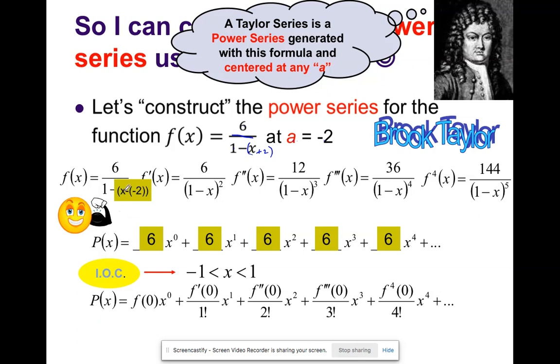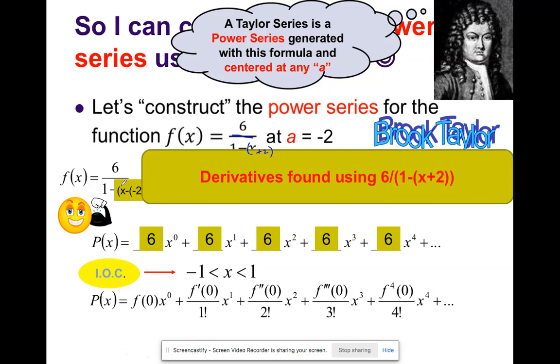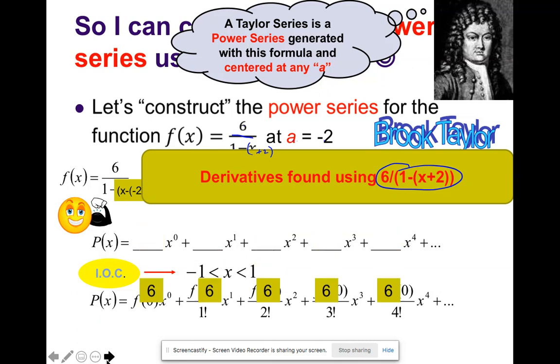Right? So I have 1 minus x minus -2, which is where I get the plus from. So I would have to then find all the derivatives using this, which I could do. It'd just be kind of annoying. I'd have to find all the derivatives, and then you wouldn't plug in 0. What would you plug in?